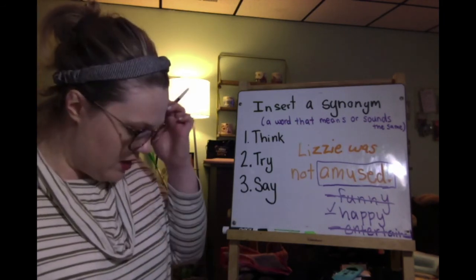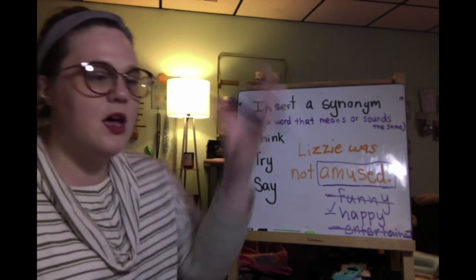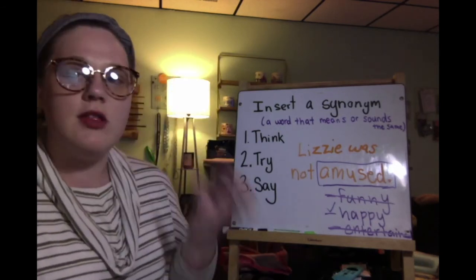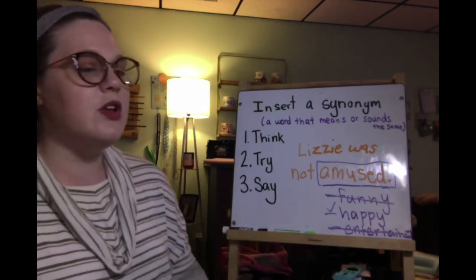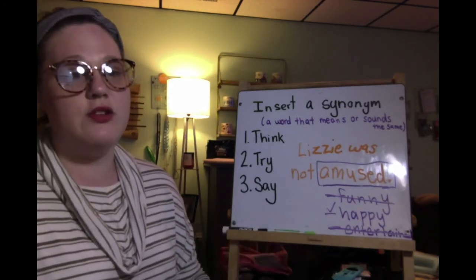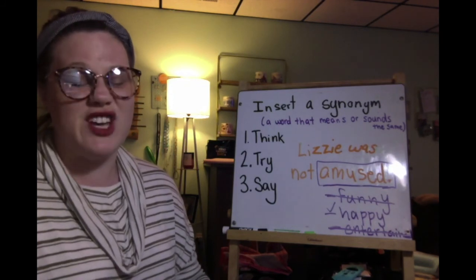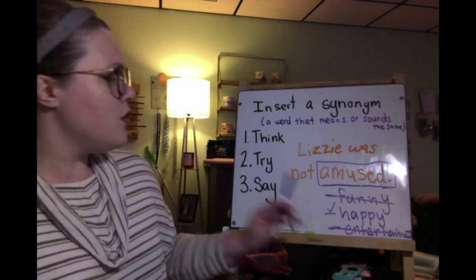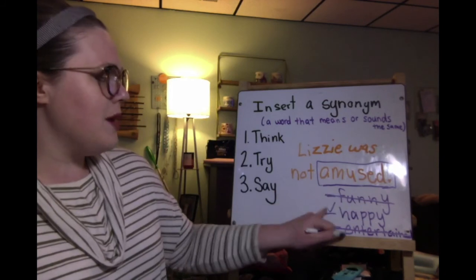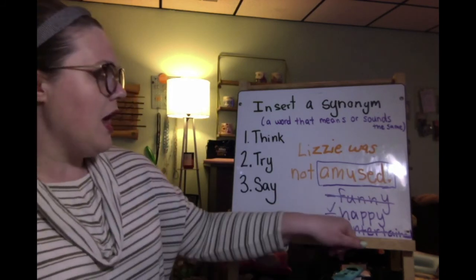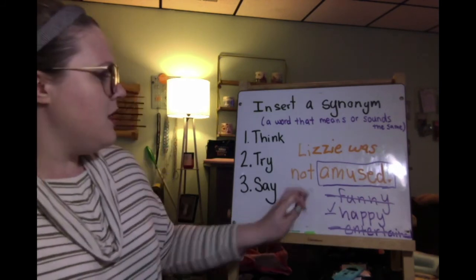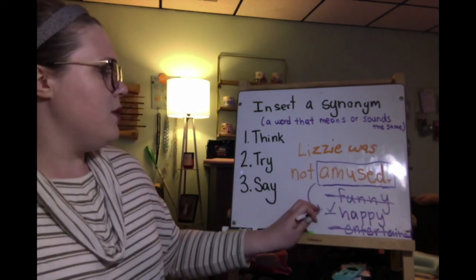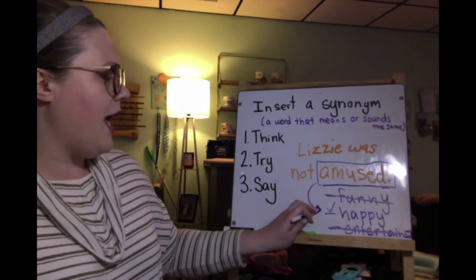I'm still thinking, does this make sense in the big context of the story? I can use the picture clues and the other events in the story. We know that Lizzie was really frustrated because she felt like her brother just kept getting in the way. So I think amused most closely means the synonym happy. Lizzie was not happy, so a synonym for amused is happy.